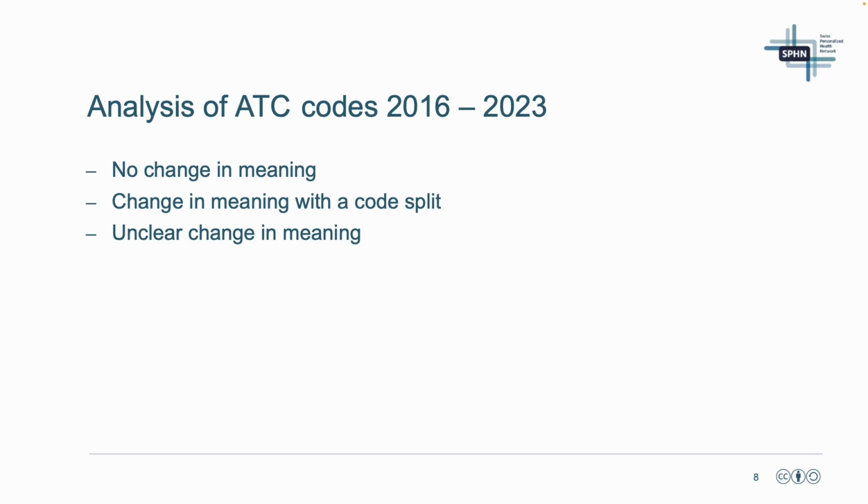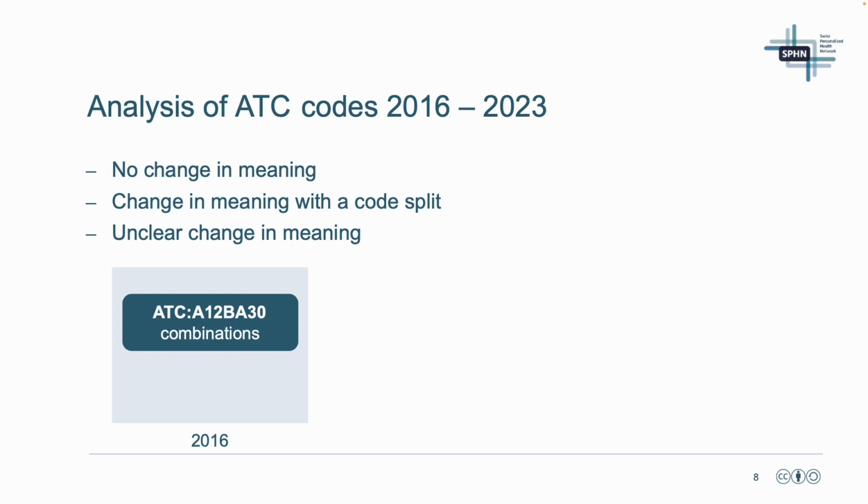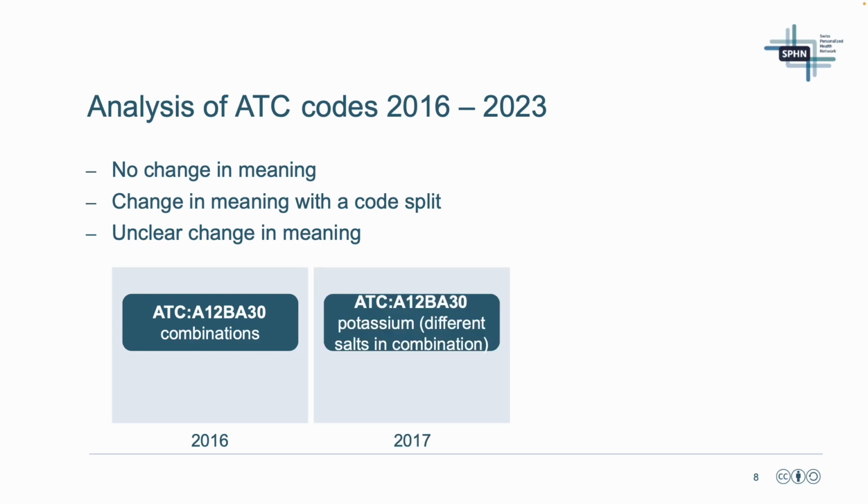Finally, the last category contains codes where it is a little unclear whether there is a change or not. Computationally, it is impossible to assess if there is a meaning change. But even as a non-domain expert doing a manual check, it's difficult to assess if it is indeed a meaning change or not. So for example, this code in 2016 meant combination, but in 2017 meant potassium different salts in combination.